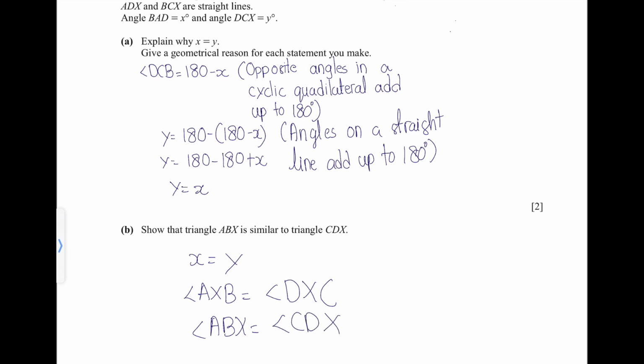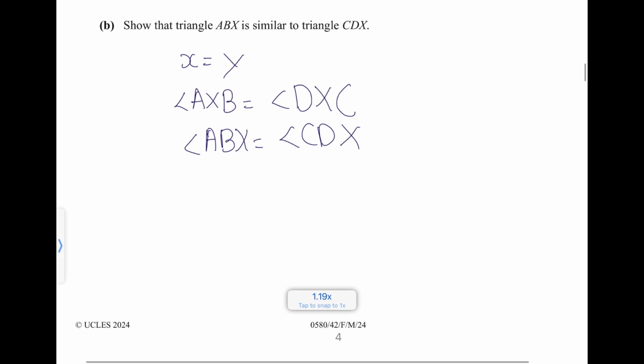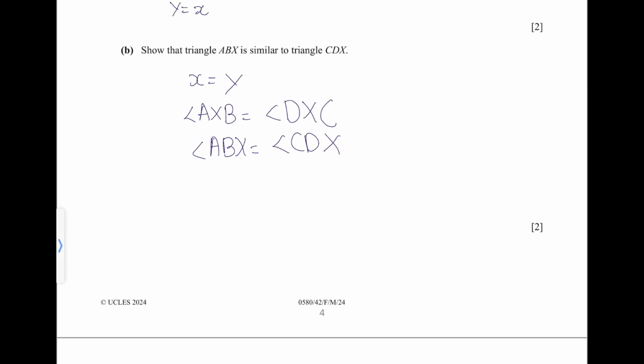This is basically because the angle sum property of a triangle states that the total angles of a triangle add up to 180. So you know the three angles are equal, SSS rule, hence similar. No, I mean AAA rule. There's no actually AAA rule, and hence they are similar.